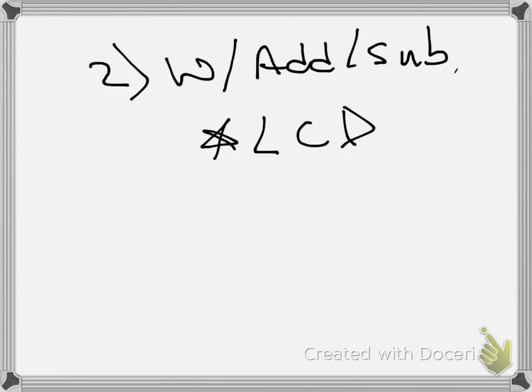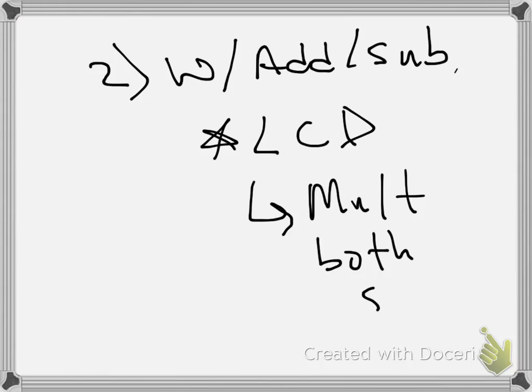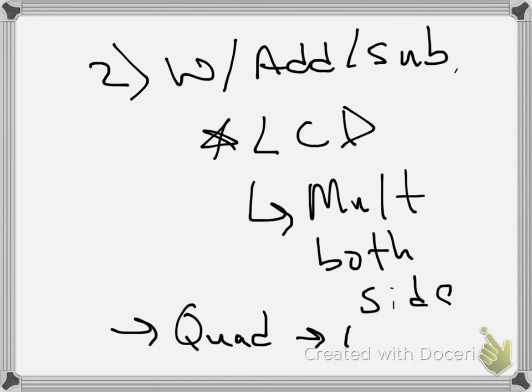Here we're going to take the lowest common denominator and multiply both sides. That's going to clear out the fractions and create a quadratic, which will ultimately lead to a linear equation. Hopefully you remember how to do those from the first 2 modules.